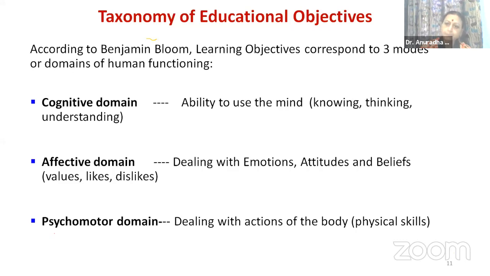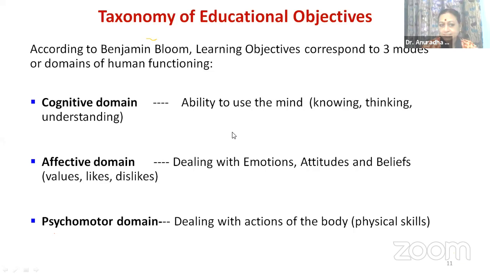Though there have been people who have modified Bloom's basic framework, there are people who have suggested revisions. By and large, in higher education today, we are still looking at Bloom's framework. And Bloom talks about learning objectives, and he also talks about modes or domains of human functioning. Why is all this important for you? It will be clearer a little later.